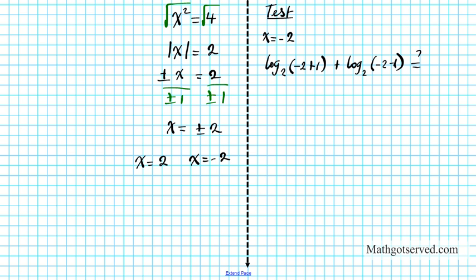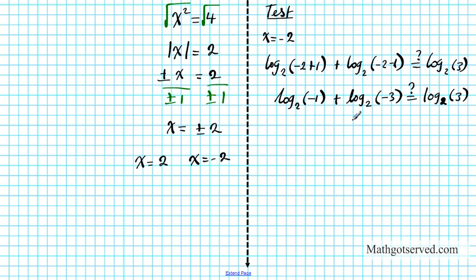Is it equal to log base 2 of 3? If I simplify this, I have log base 2 of negative 1 plus log base 2 of negative 3. Is it equal to log base 2 of 3? Now look at these. You have a negative argument for a logarithm here and here. These two terms are undefined.